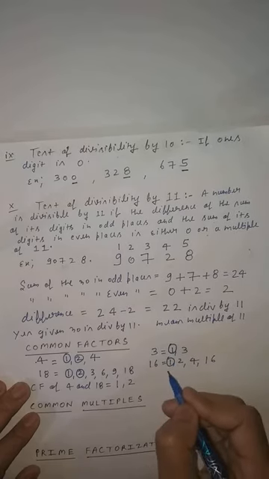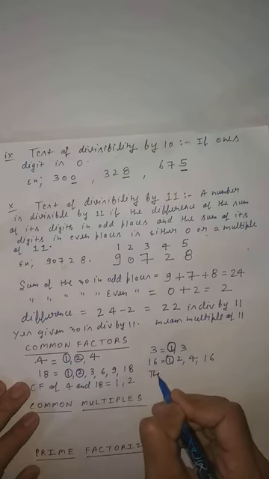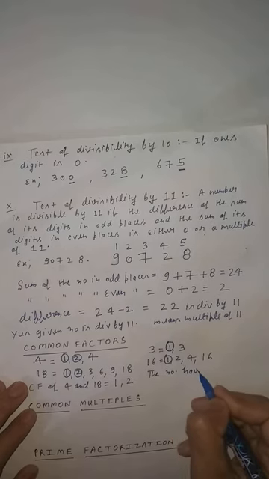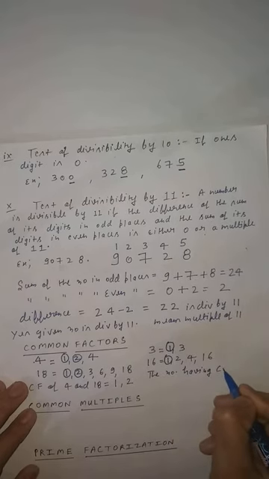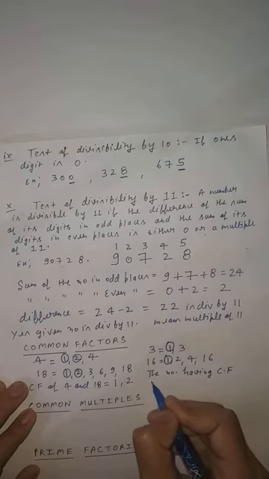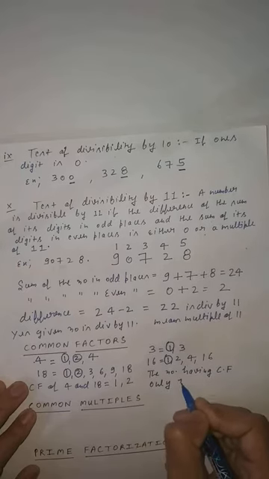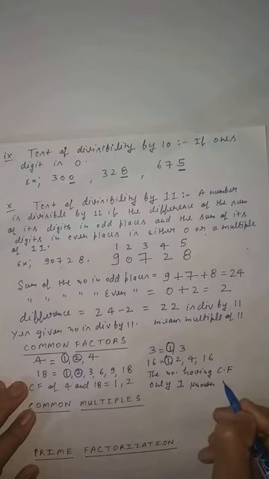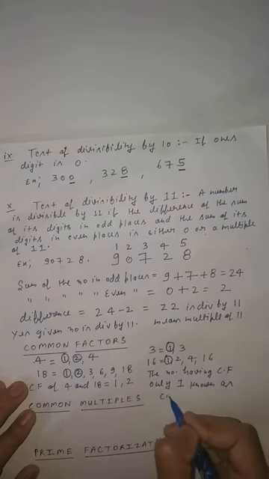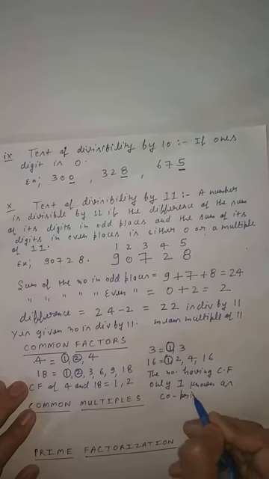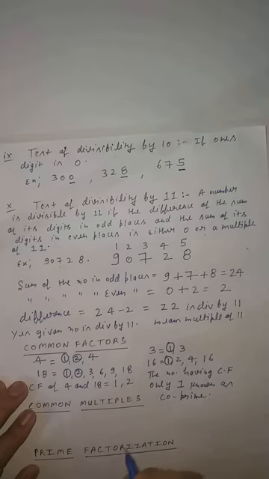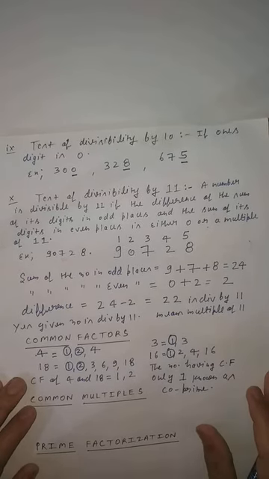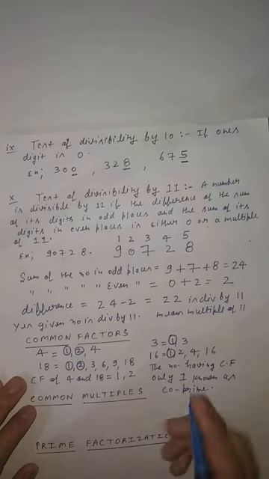It means numbers having only 1 as a common factor are known as co-prime. Clear students?